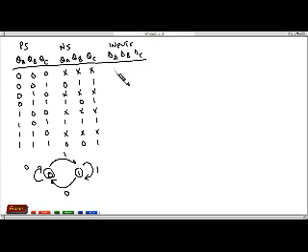So for all the invalid states, the inputs will also be represented using don't care terms. And therefore, we can first represent all these using the don't care terms.